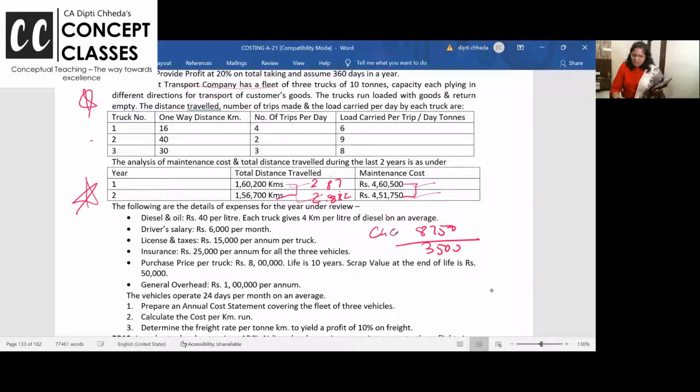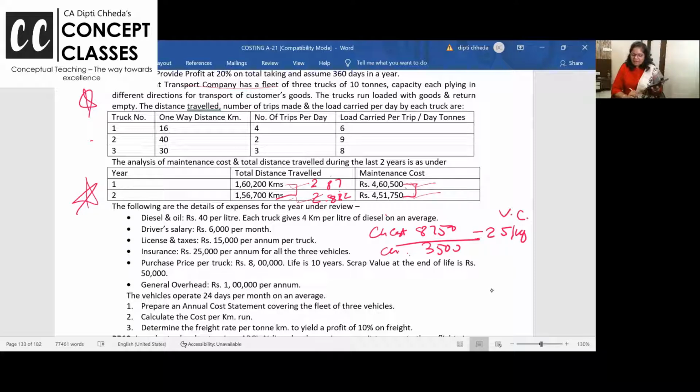Change in cost is this, change in kilometers is this. So whatever is the change in the cost when kilometers are changing, that is variable cost only. 8,750 divided by 3,500 is 2.5 per kilometer, which is the variable cost.